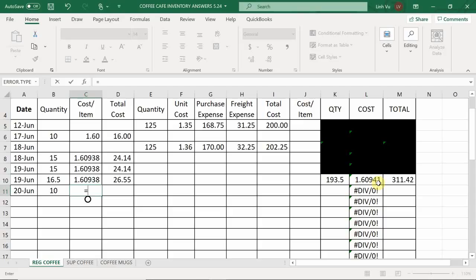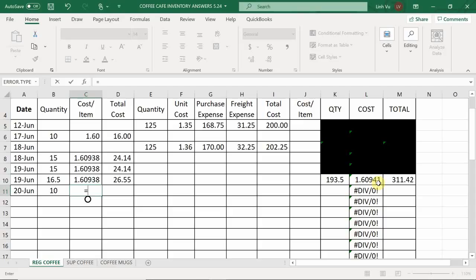All right, so right now, what is the cost per item? How much is it going to cost me to sell 1 pound of coffee? $1.80. We're on regular coffee right now. The quantity is 184. No, I'm not looking at the quantity. I'm looking at the cost per item.